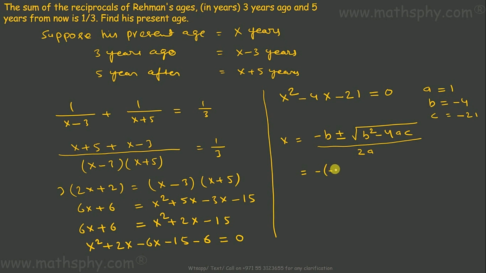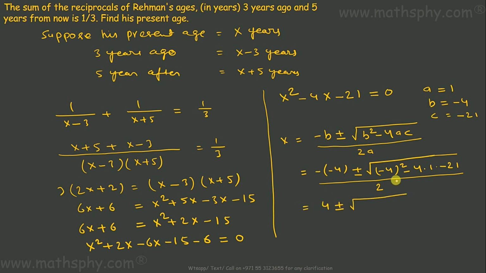Negative b, minus minus is plus 4, plus minus root of negative 4 whole square, 16, minus 4 into 1 into negative 21, that is plus 84, over 2a, 2 into 1, 2.